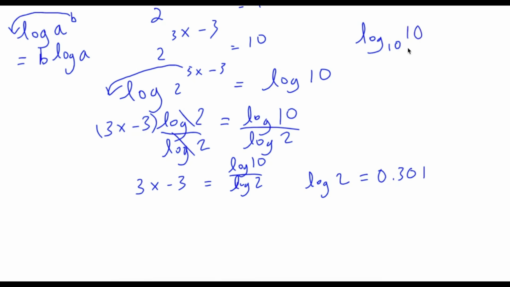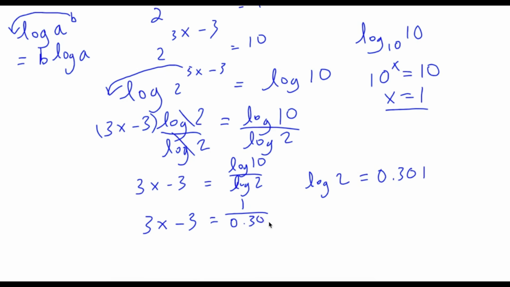And this is essentially asking, 10 to the power of x is equal to 10, so what is x? And x is equal to 1, right? So log 10 is equal to 1. So now we have 3x minus 3 is equal to 1 over, now log 2, that is equal to 0.301. So 3x minus 3 is equal to 1 over 0.301.